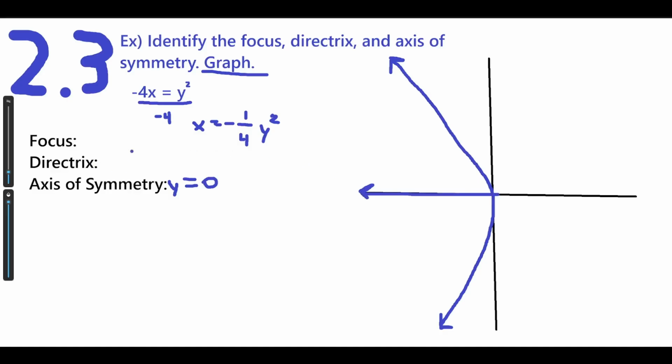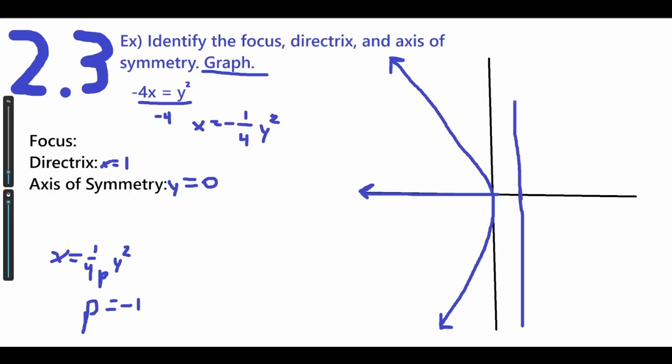Now, we know the directrix is just -p, so p here is going to have to be -1 because our base formula is 1/4 py squared, and to get this, p would just have to be -1. So p equals -1. So our directrix will be x equals 1, roughly right about here.